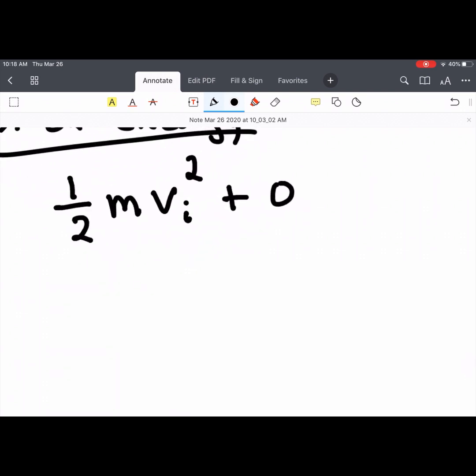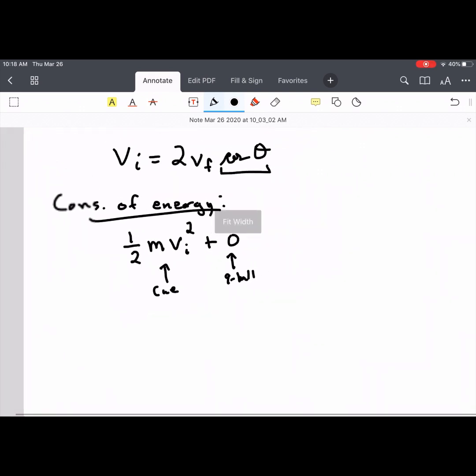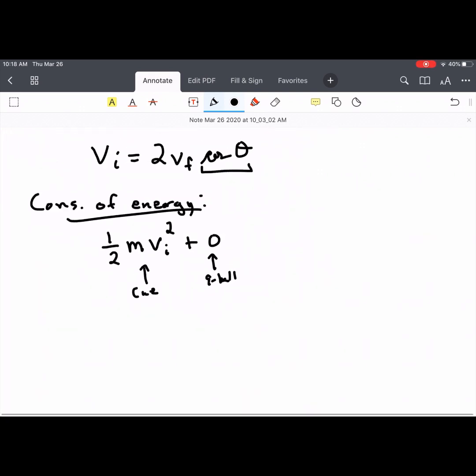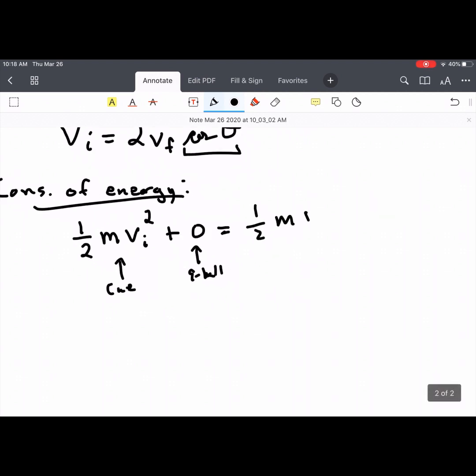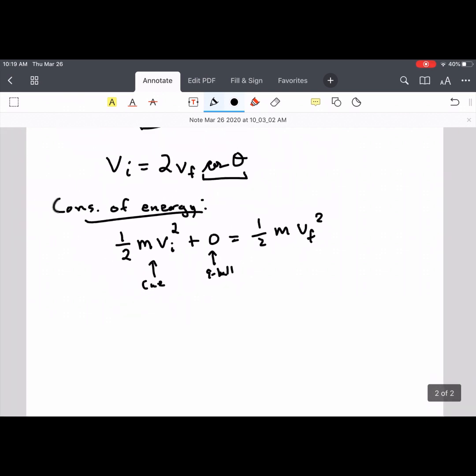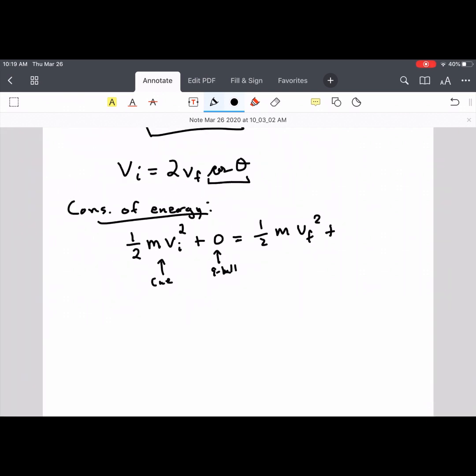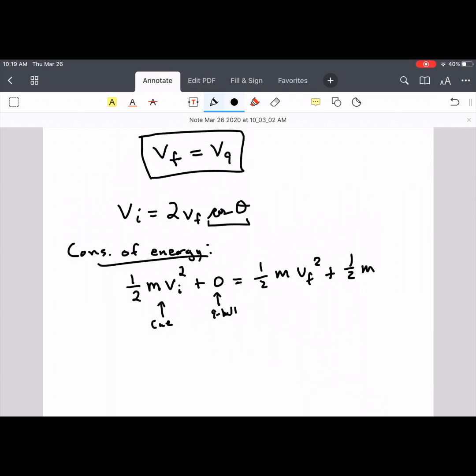So this is the cue ball. Initially, this is the 9 ball. That's equal to the final energy. And so the final energy is 1/2 mass times the final velocity of the cue ball squared plus 1/2 mass times the final velocity of the 9 ball squared, but we've seen that v_f is equal to v_9, so that's just v_f squared again.